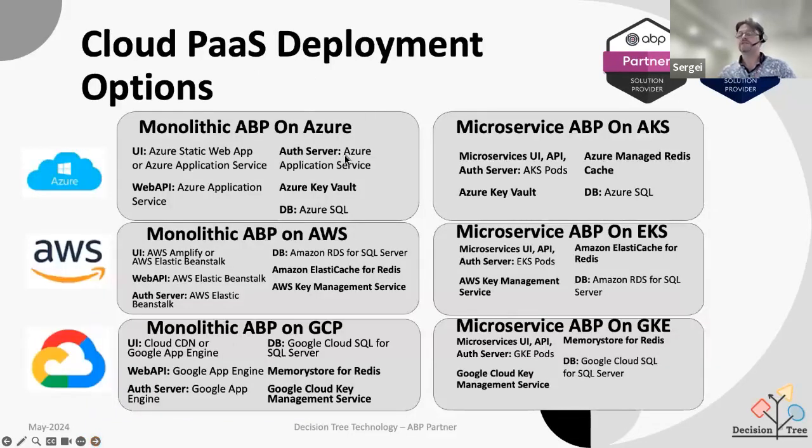Now, this is a bit of an involved slide, so we will get through it step by step. As I mentioned before, ABP allows hosting of production payloads on Azure, AWS, and Google Cloud as well.